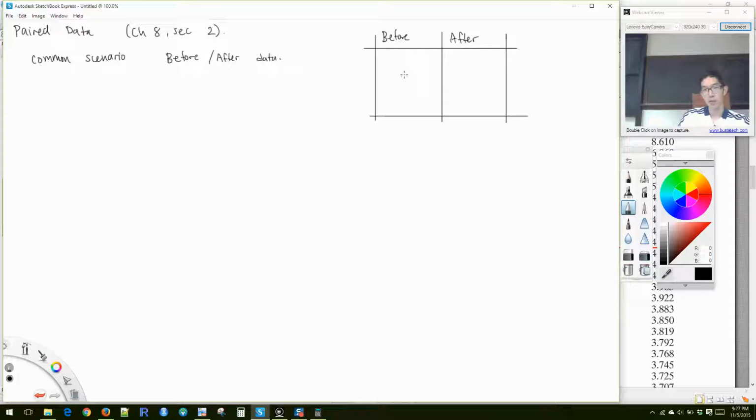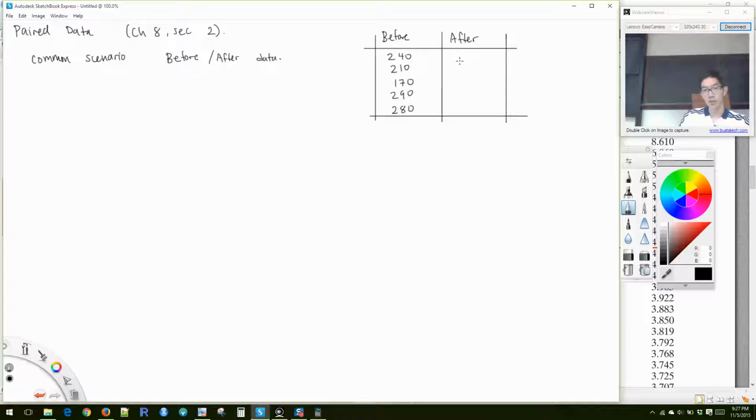Let's say we had 5 people try this out, and their before weights were 240, 210, 170, 290, 280.